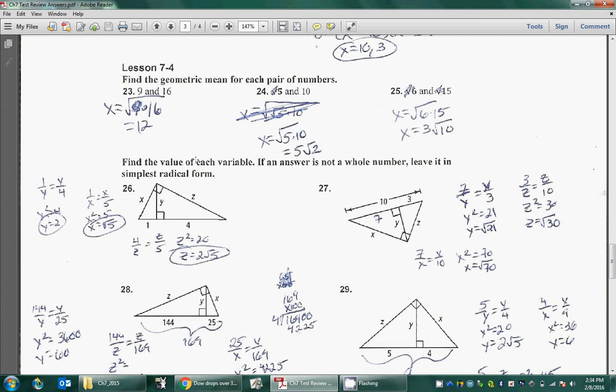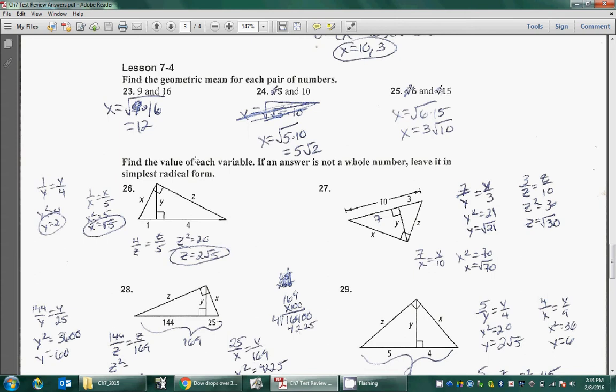So if you think about the normal mean that you've all grown up to love and endure, right? You added two numbers and then divided by 2. It was the average, okay? When you're doing geometric mean, it's a little bit different. Instead of adding the two numbers, you're going to multiply them. And instead of dividing by 2, you're going to take the square root.